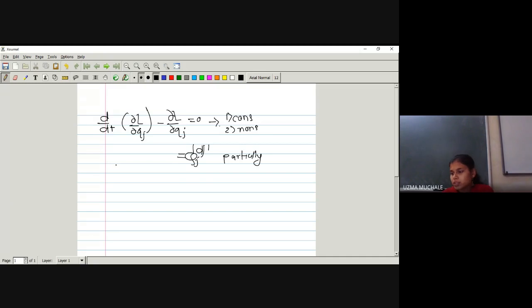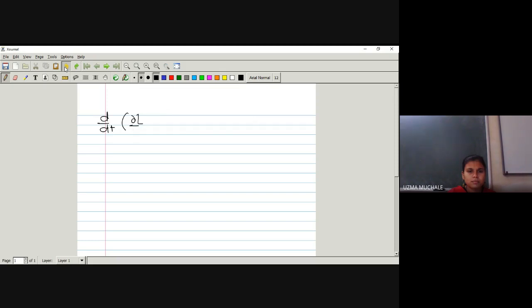Let me go for the next one. We will now see examples based on Lagrange's equations of motion.